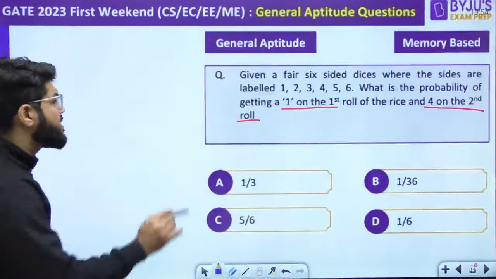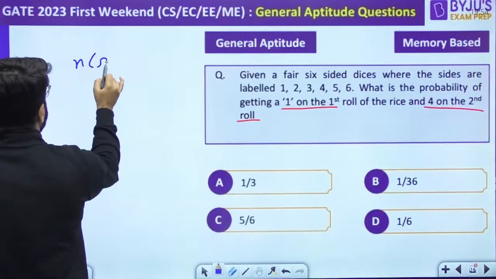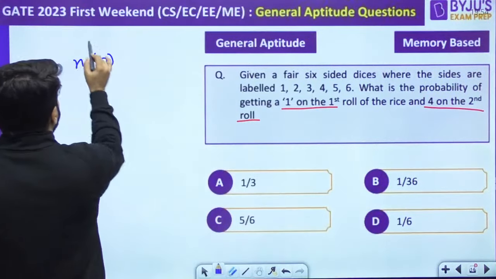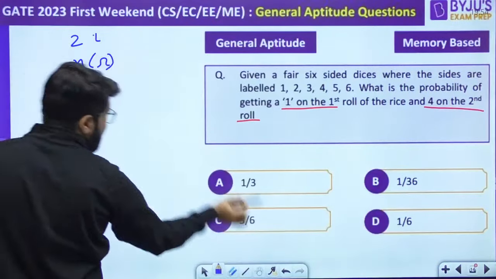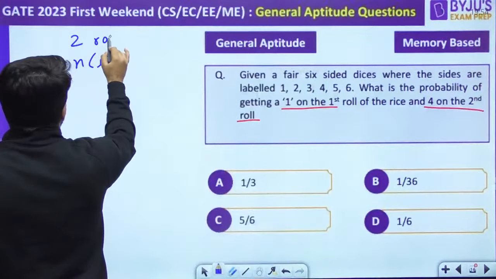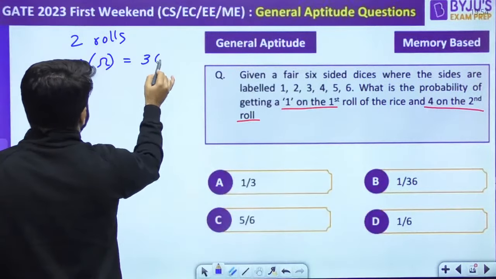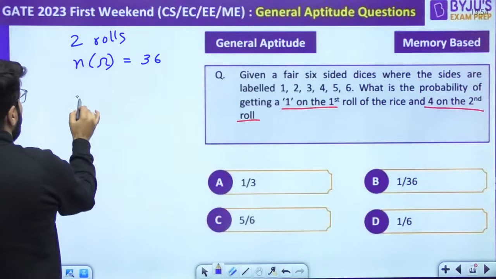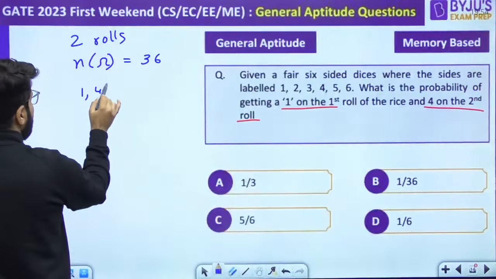Very simple question. It is like the sample space size when two dice are rolled. In the case of two rolls, whenever a die is rolled twice, the sample space size is 36. Now what is the probability? You have only one event, 1, 4.